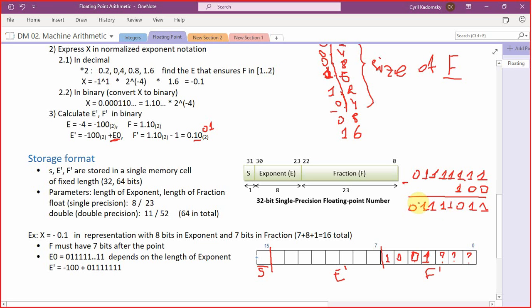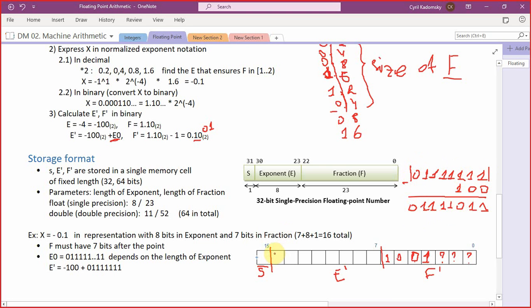And as with integers, it's very important where the boundary of our length is, right? It's very important how many bits we have to the left, as it was with negative numbers in integers. So this is actually the final result that we have, and we should put it into a memory cell.